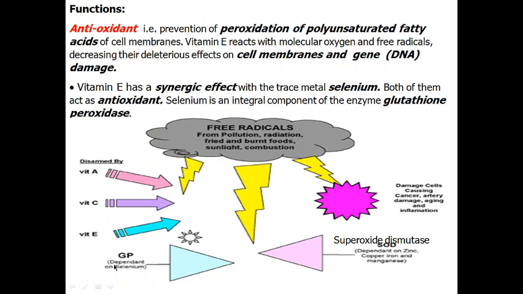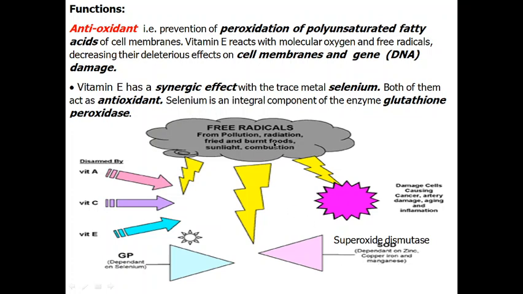Selenium is an integral part of glutathione peroxidase. Another enzyme is superoxide dismutase, or SOD, and such enzyme again acts as an antioxidant, and it contains some trace metals like zinc, copper, iron, and manganese.